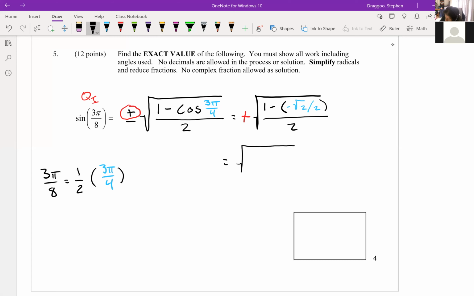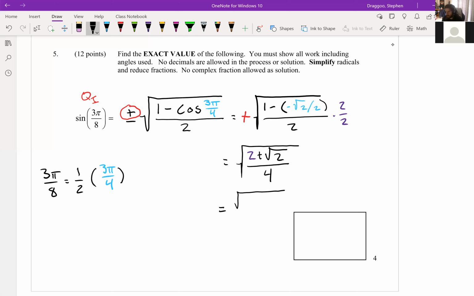So this will be the square root of, let's just come back up here, multiply by 2 over 2 will give me 2 minus the square root of 2 all over 4, square root of the whole thing, which means that it can simplify to the square root of, oops, that should have been 2 plus the square root of 2 since there's a double negative there.